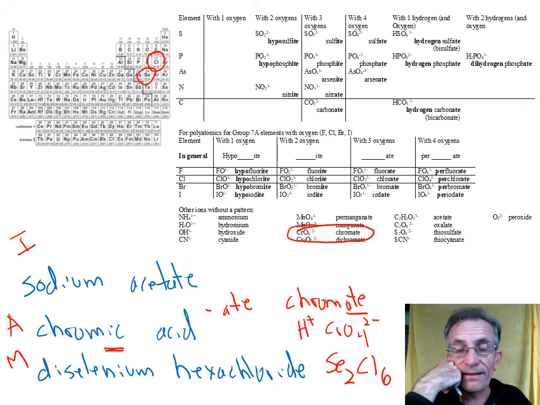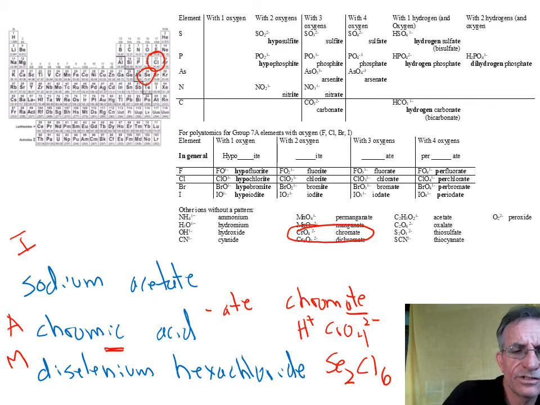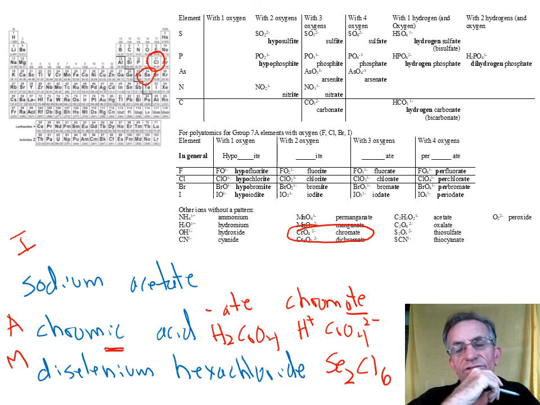Acids, you have to worry about balancing charges, just like ionic compounds. Hydrogen is +1, chromate is -2. What do we need more of? Hydrogens. So when you put it together, you actually are going to use 2 of them. H2CrO4. All right. H2CrO4 should be the formula for chromic acid.